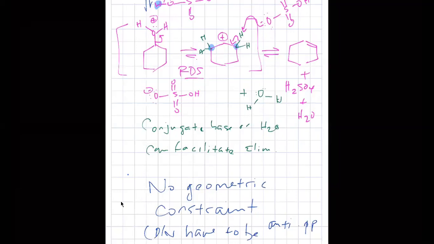The other part about the E1 to remember is that you don't need a base. I'm putting that in all caps. If there's a base present, it's not going to be E1, it's going to be E2. If there's a protic solvent present, then it's more than likely going to be E1.